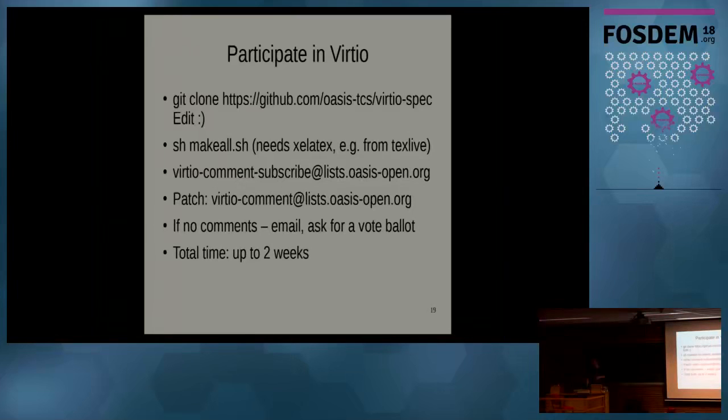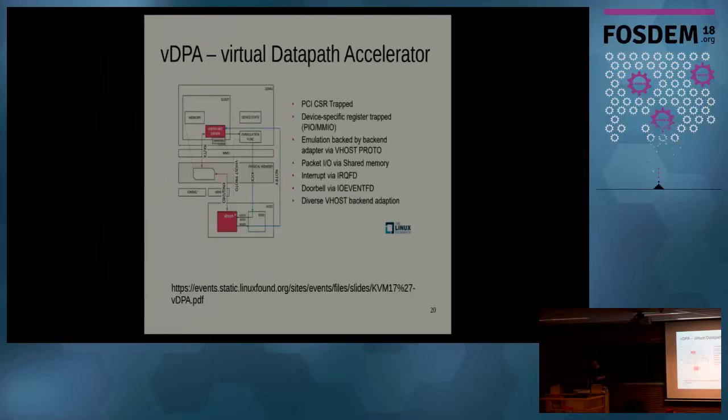Good. So that's the part of my talk about the Virtio specification. Now I have two things that I wanted to mention that I think are interesting. One is a project initiated by Intel BDPA. It's called Virtual Data Path Accelerator.